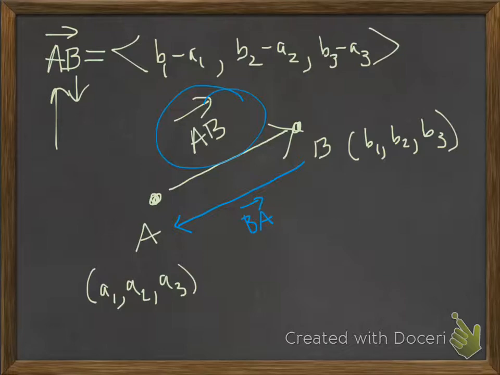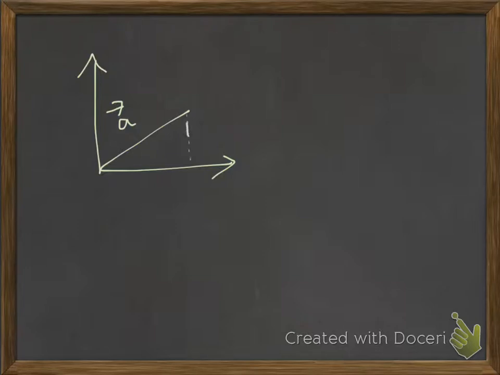Okay, another thing that components allow us to do is to talk about the magnitude of that vector. So again, let's go into 2-space because it's easier to see. If we have a vector A, then we see that it has components a1 and a2. So we represent that vector A as <a1, a2>.